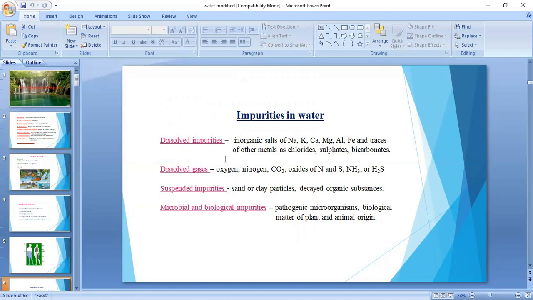And then dissolved gases. Which gases are present in water? Oxygen, nitrogen, carbon dioxide, oxides, ammonia, and hydrogen sulfide. These gases are present in our water. And suspended impurities are nothing but sand and clay particles and organic substances. These are all present in water. Coming to microbial and biological impurities, these are pathogenic microorganisms.